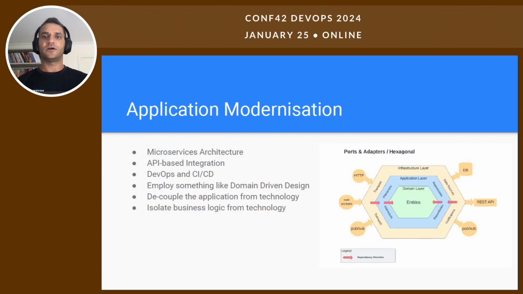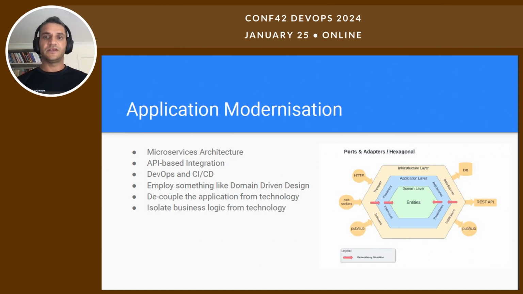Lastly, application modernization. It is all about more than just migrating to the cloud. It is about enhancing application architecture and functionality. Some of the key concepts included in the application modernization process are breaking the application into microservices architecture.